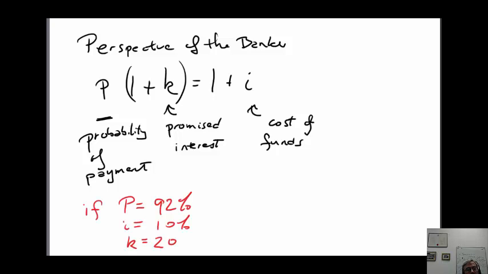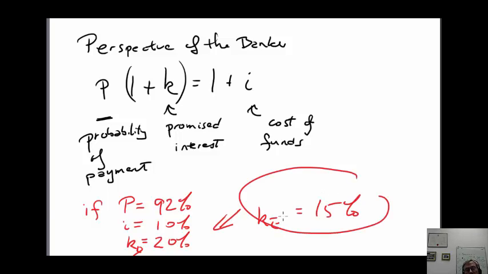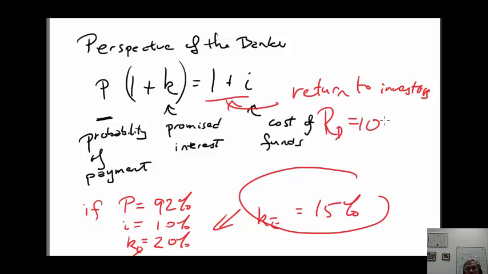If the probability of payment were 92% and the cost of funds of the banker was 10%, then the K, the promised interest, would be 20%. That K would be the cost of debt capital to the company. If the cost of equity of the company were 15%, then you'd have a case where the cost of equity was less than the cost of debt, although the return to the investors in the debt would be only 10%, and the return to the investors in the equity would be 15%.